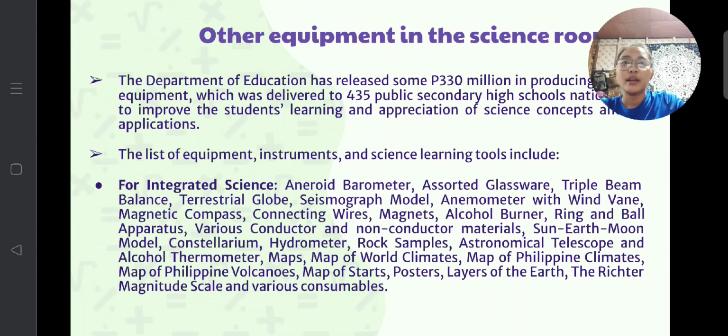On September 28, 2011, the press release from the Department of Education said that the Department of Education has released some 330 million in producing science equipment, which was delivered to 435 public secondary high schools nationwide to improve the students' learning and appreciation of science concepts and application.